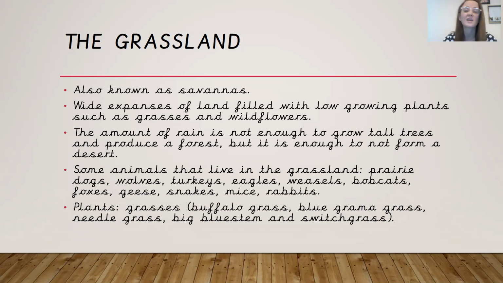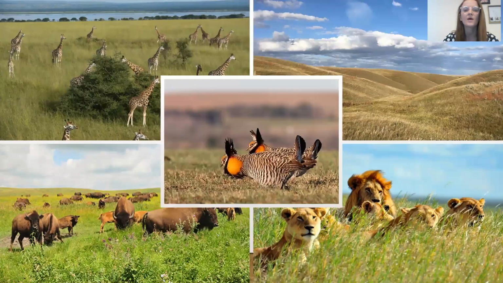I bet you didn't realize that there were all different types of grasses, did you? Right, and this is an example of savannas. You can see there's plenty of grassland, but you can see that they're actually not very tall grasses, right? They are quite thick, but we don't have the types of trees and things that would grow in something like a forest.